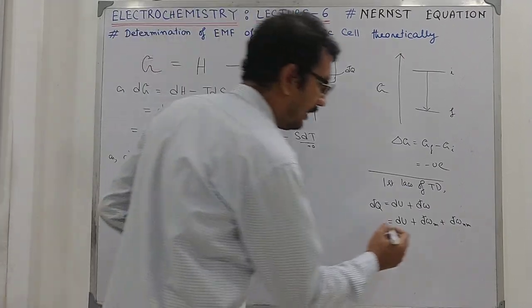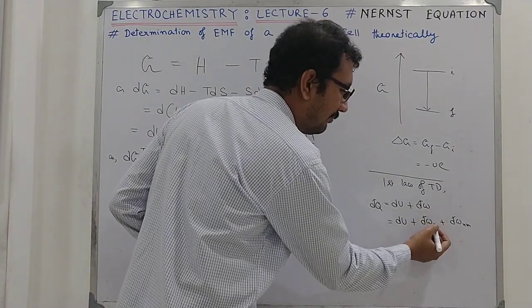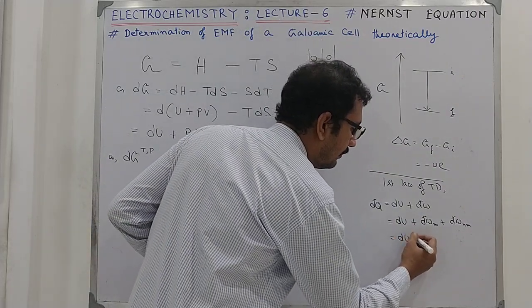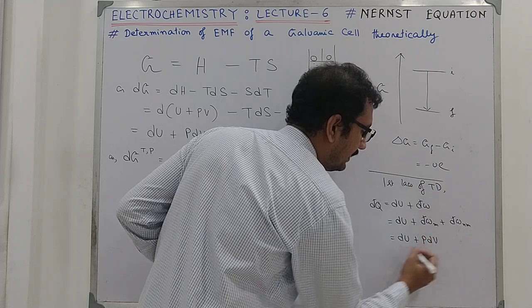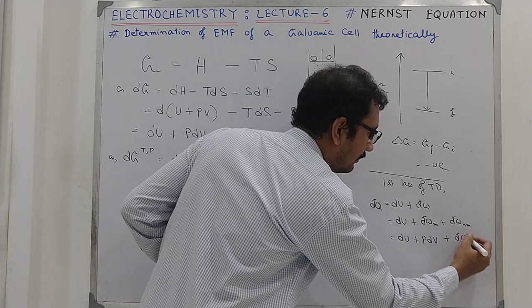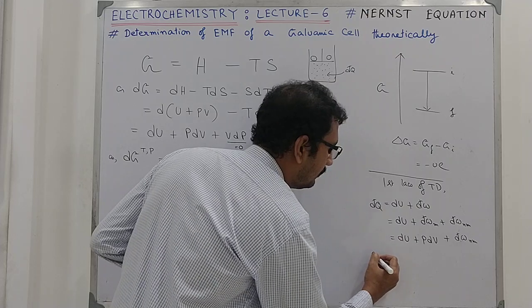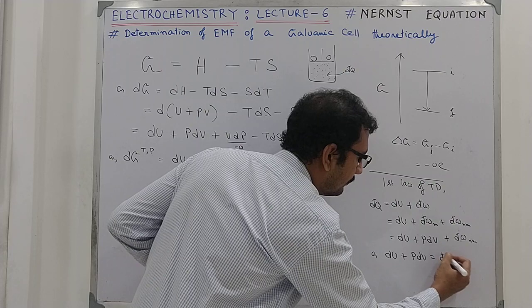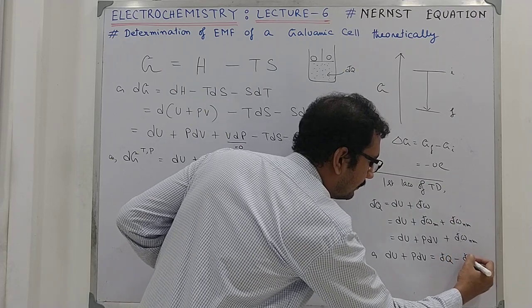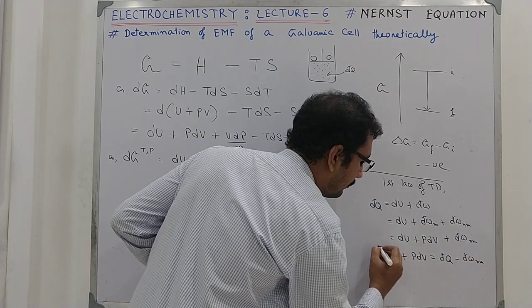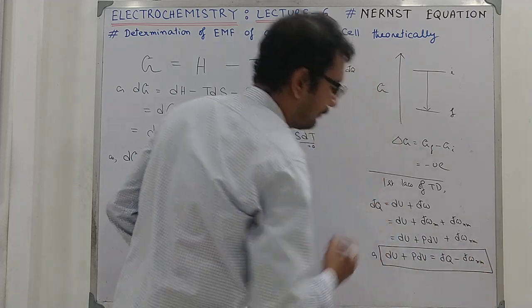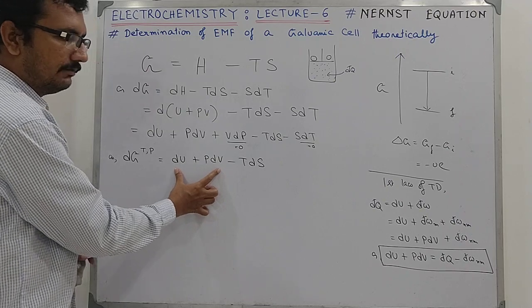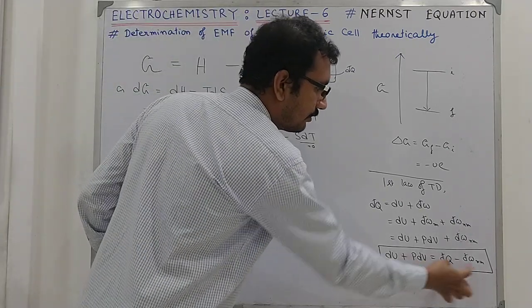Now, I have told you just now that this đW mechanical is PdV. So you get dU plus PdV plus đW non-mechanical, or you have dU plus PdV equals đQ minus đW non-mechanical. And you see, you have dU plus PdV here and dU plus PdV here. So put the value.